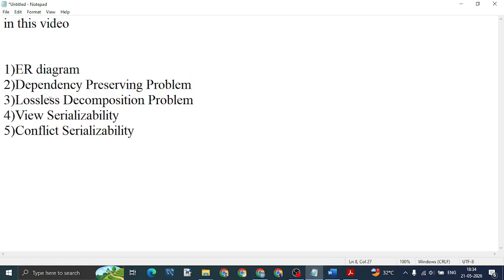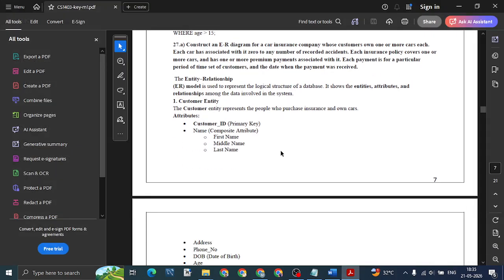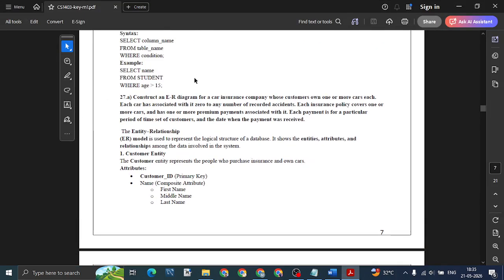Okay. So let us look at the ER diagram first. So what is the meaning of this ER diagram? It is nothing but the entity relationship diagram. So this is the question. What's the question here?